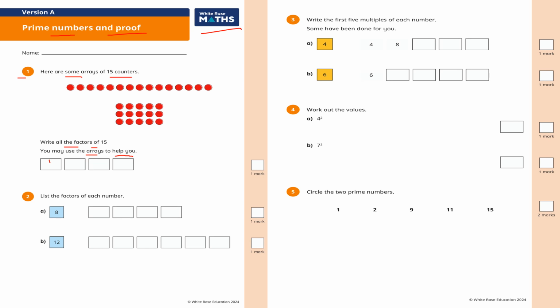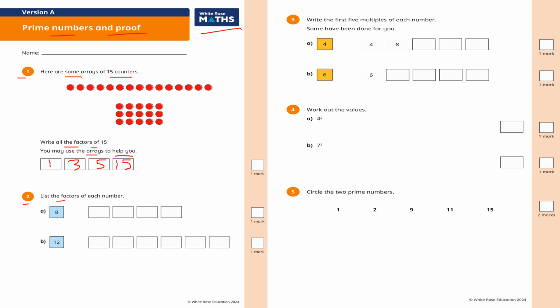So it'll be 1, 3, 5, and 15, because 1 times 15 makes 15 and 3 times 5 makes 15. So 1 goes into 15 15 times, 3 goes into 15 5 times, 5 goes into 15 3 times, and 15 goes into 15 once, or one time.